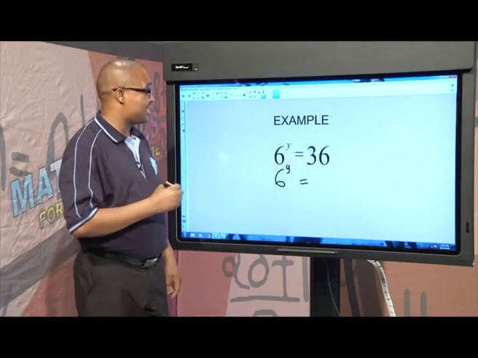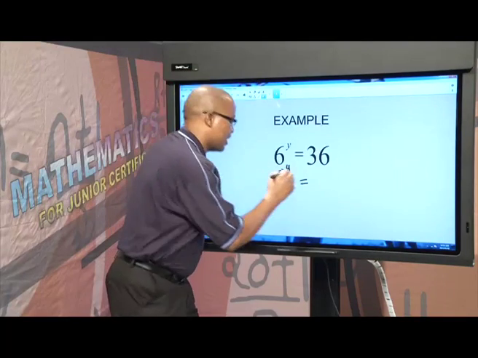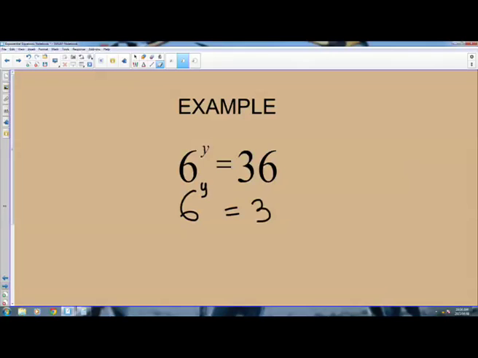Writing 36 using base 6, you get 6 to the power 2. When you multiply 6 two times, you get 36. So it's 6 to the power 2, meaning y equals 2. We have solved for the variable y.